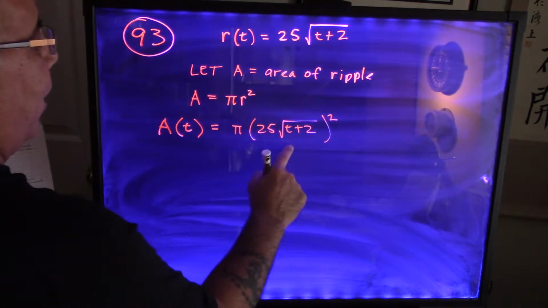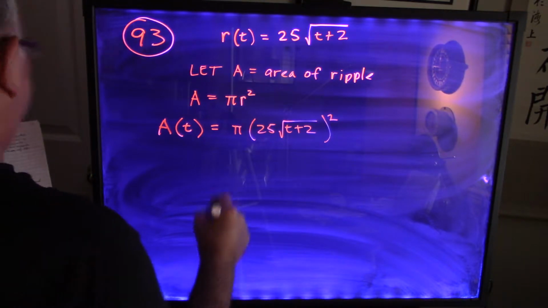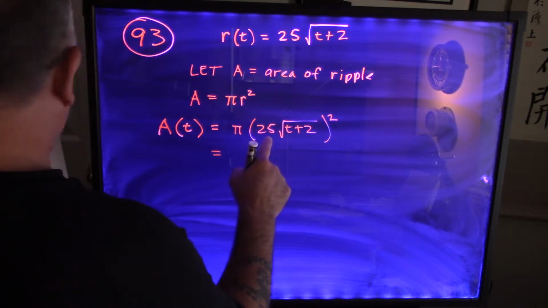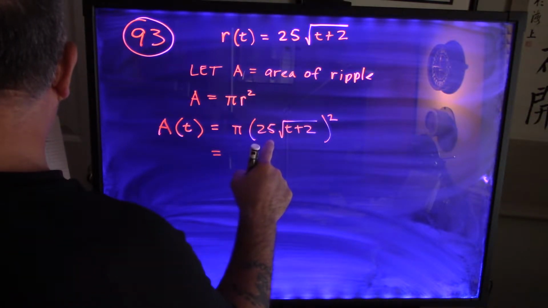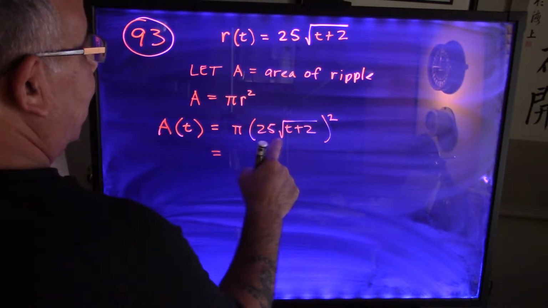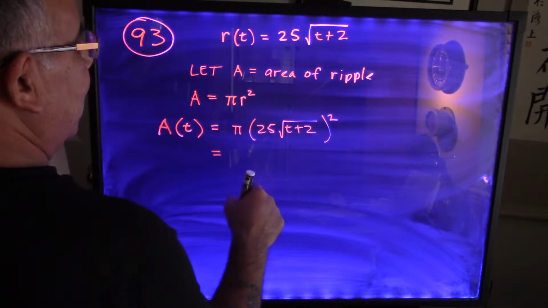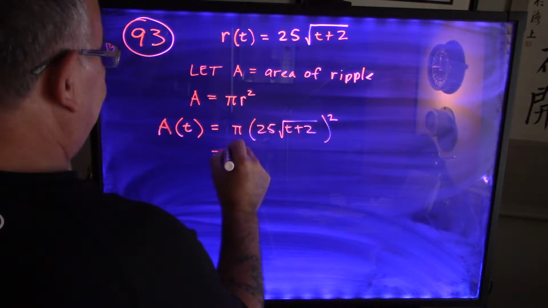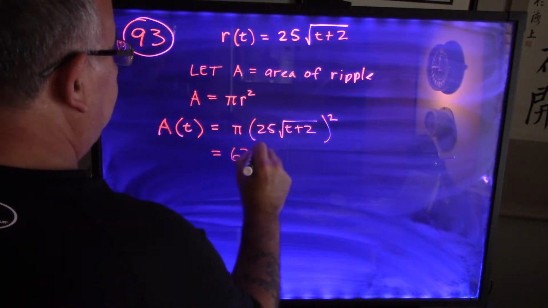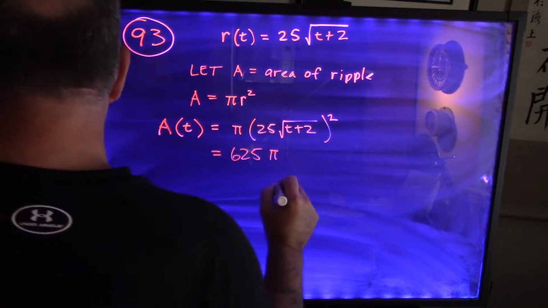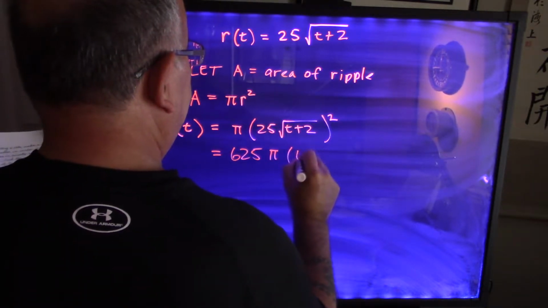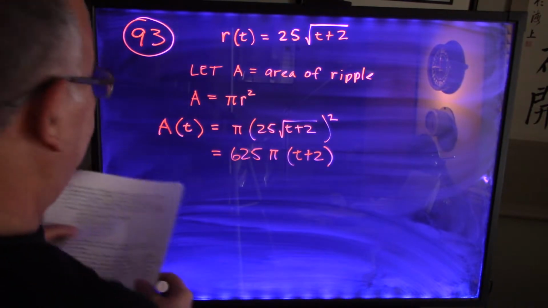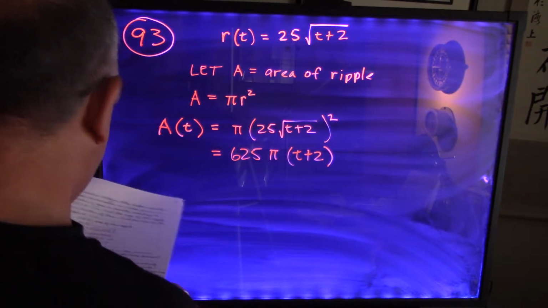So when you square this out, you get 25 times 25 is 625. And then you square that part, you're going to get t plus 2. And then you're going to get pi there. So that's 625 pi, and then t plus 2 in parentheses. Alright, so there's a formula for area as a function of time.